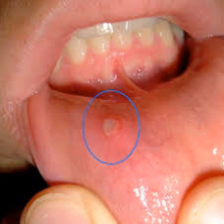Ensuring adequate intake of vitamins and minerals, especially vitamin B12, iron, and folate, can reduce the risk of ulcers. Avoid irritants. Limit or avoid spicy, acidic, or rough textured foods that may trigger ulcers. Quit smoking. Smoking cessation, although it may initially cause ulcers, reduces the risk of recurrent ulcers over time.